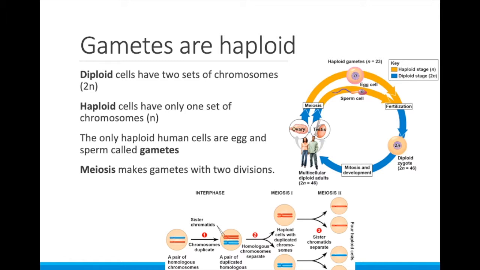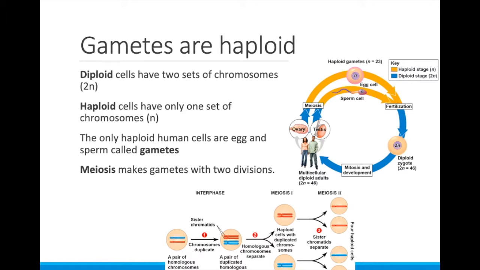So we call diploid cells 2N. N is the number of chromosomes in a set. For humans, N is equal to the number 23. So a diploid cell in humans would be 2 times 23, which is 46. So that's every cell in your body, your eyes, your nose, your stomach, your liver, your heart, except eggs or sperm.